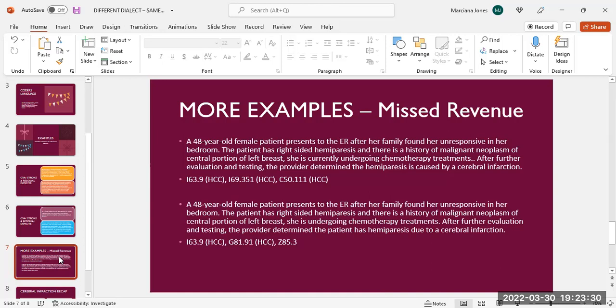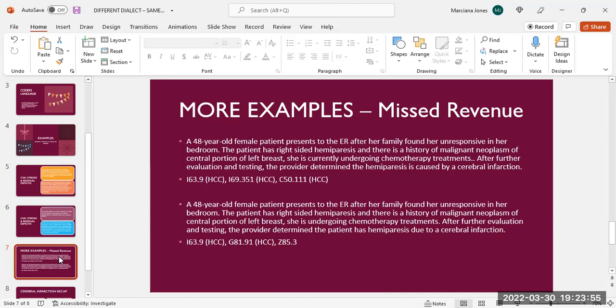So remember when I said we will come from the category I69.3 if a person had a sequela, and we know sequela means late effect. So if a person had a deficit or something happened to them due to the stroke, then we're going to come out of category I69.3. So this particular one is I69.351, which is also an ICD-10 code.